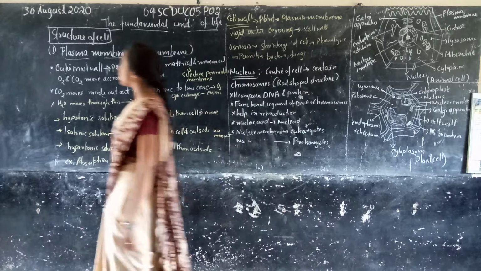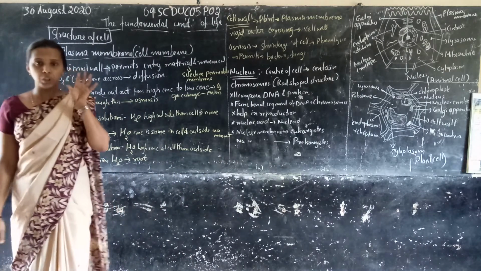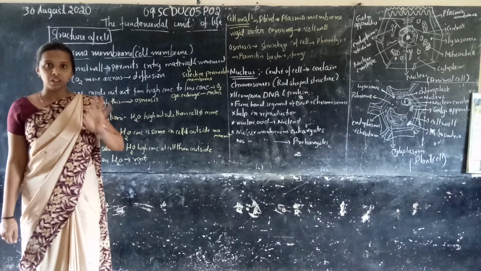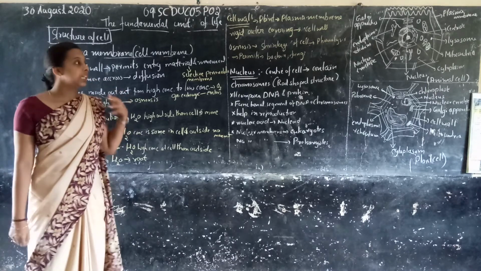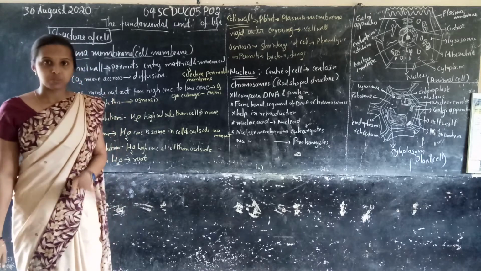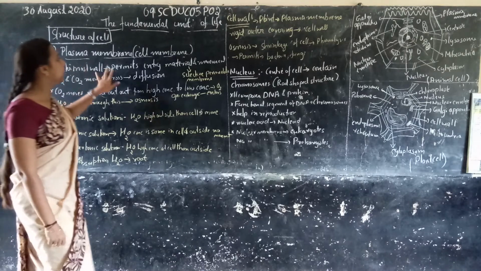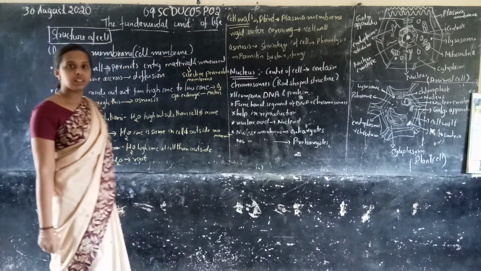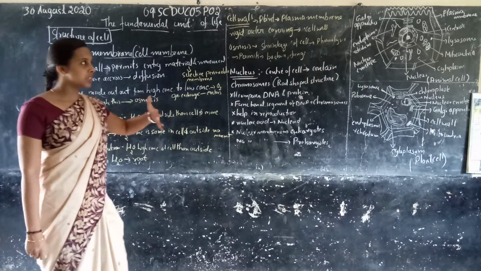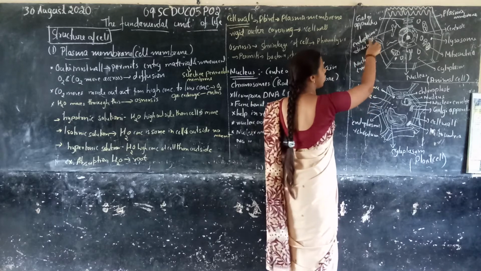Then what is the function of this one? You have to know each particular part and its function. What are the functions? It permits entry or exit of material and movement of material. It gives a permit for entry of any materials.